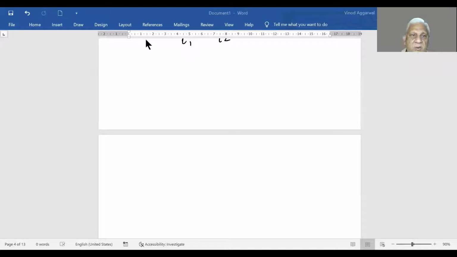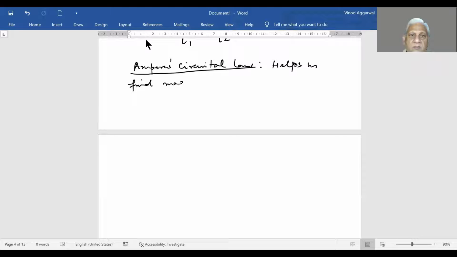There is another law called Ampere's circuital law. This law also helps us find the magnetic field due to a current carrying conductor.